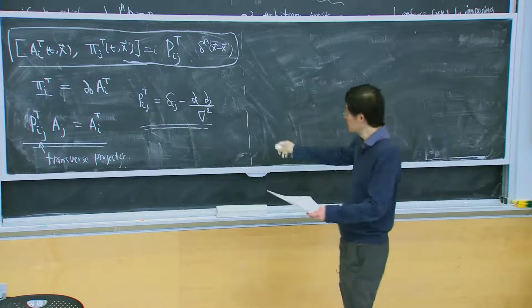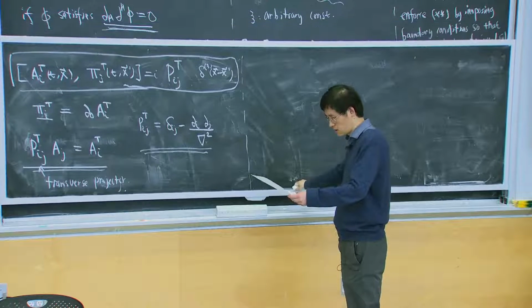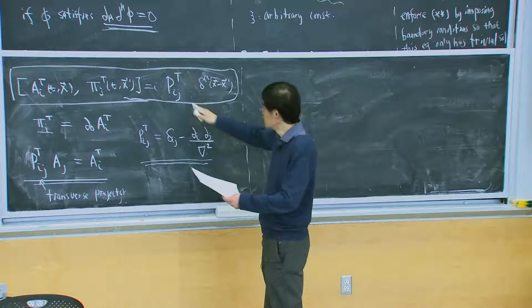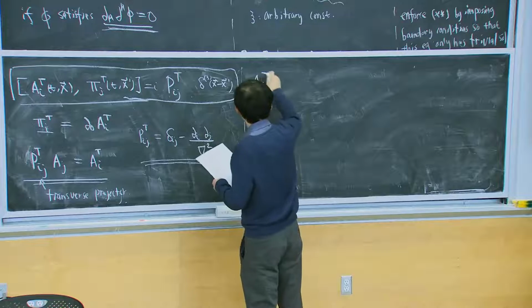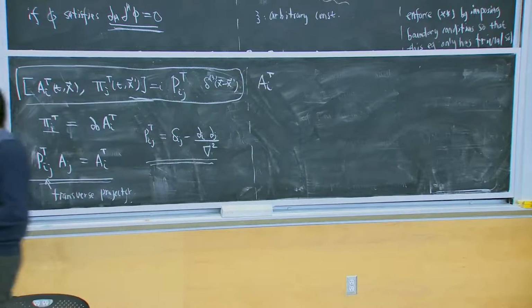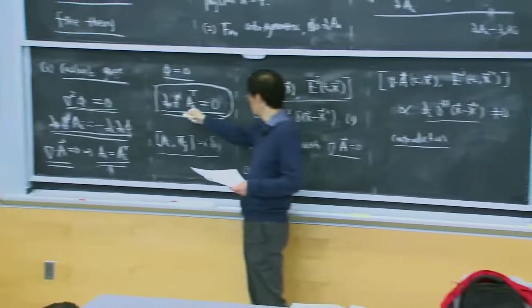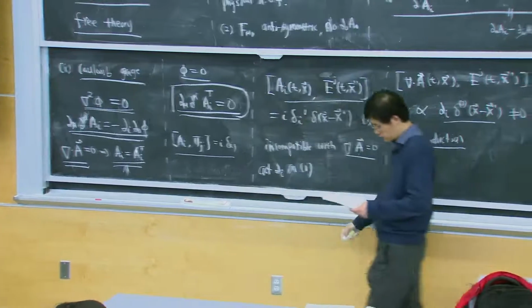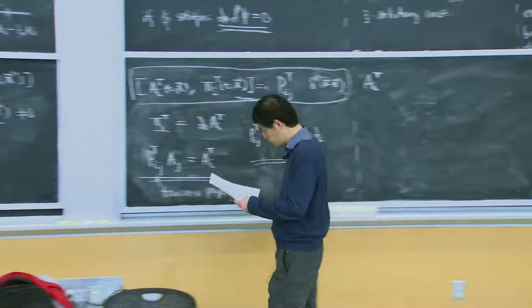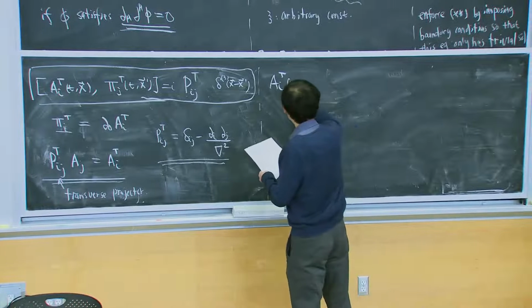So now we can immediately write down the most general expansion of A_i^T. We just write down the most general solution satisfying this massless equation, like we did previously.